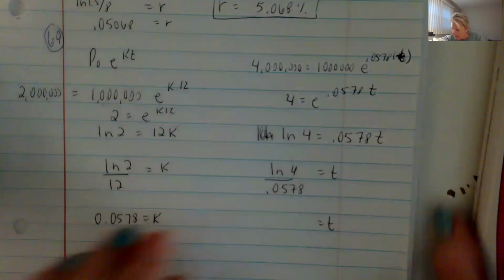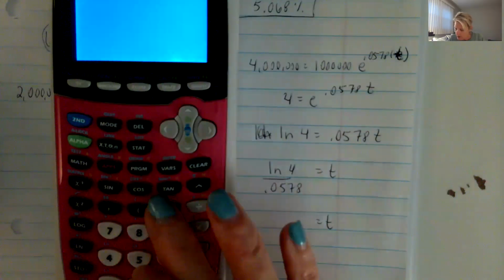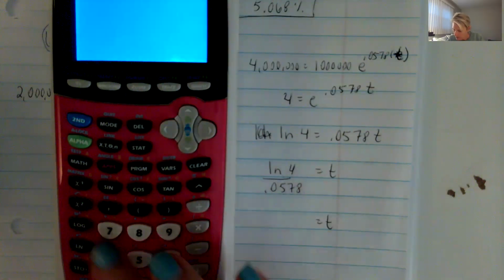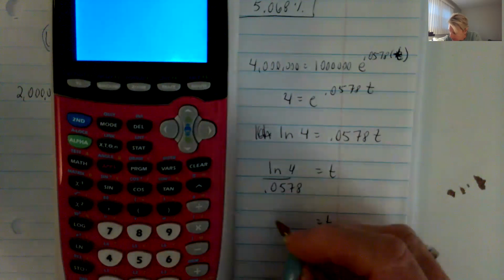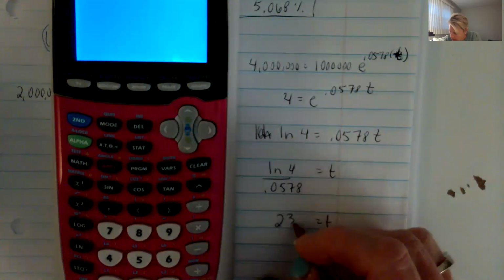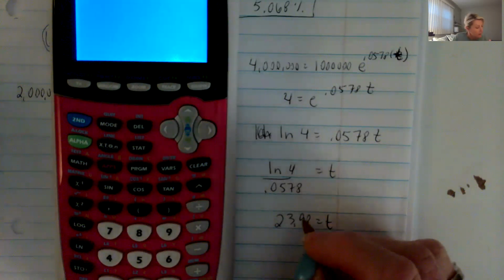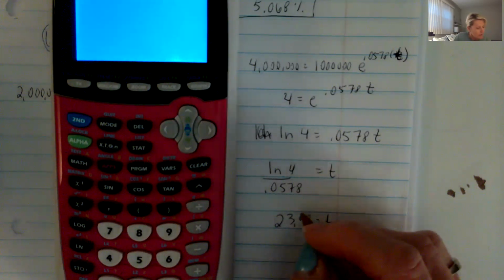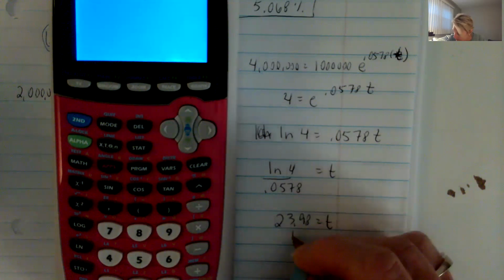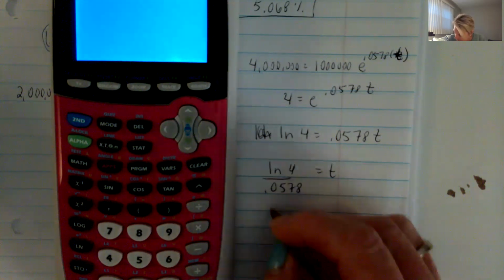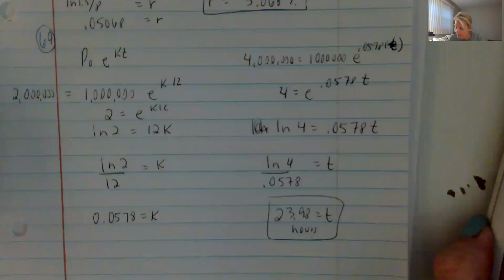So natural log of 4 divided by 0.0578 would be about 23.98. This would be hours, so about a 24-hour period.